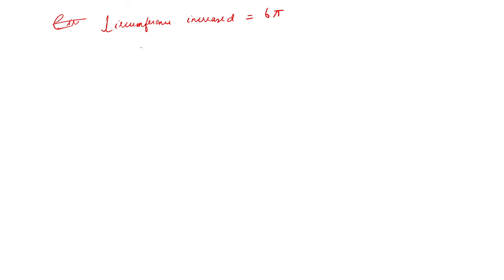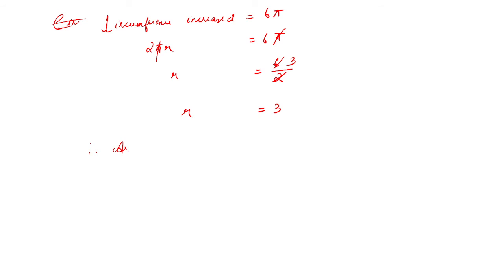Now the circumference is going to be 2 pi r, again the same formula. You write this as 6 pi. Cancel out pi and pi. If you take 2 to the right hand side, this will go to the denominator, so radius must be 3.